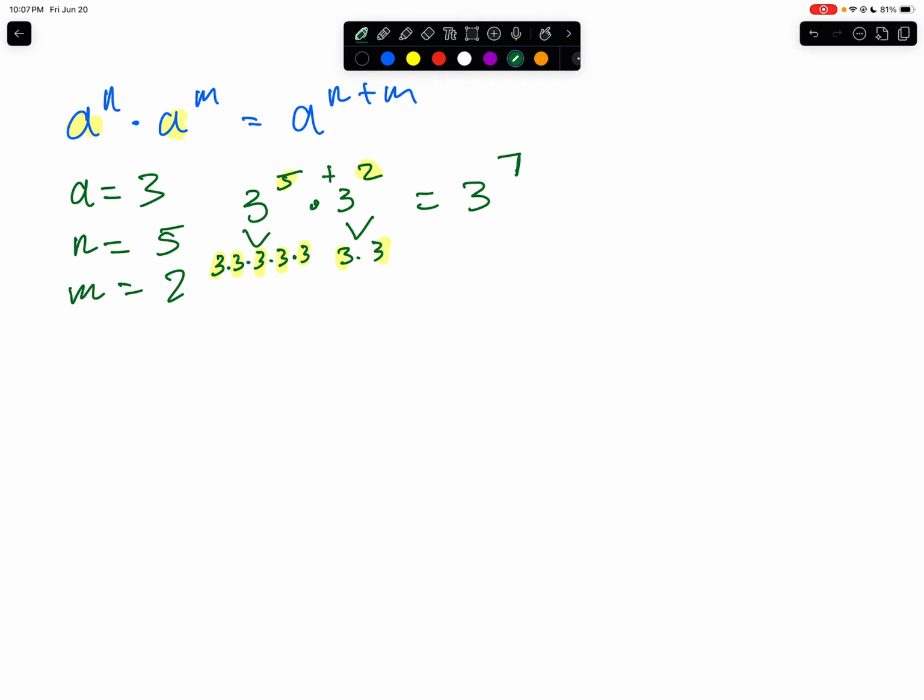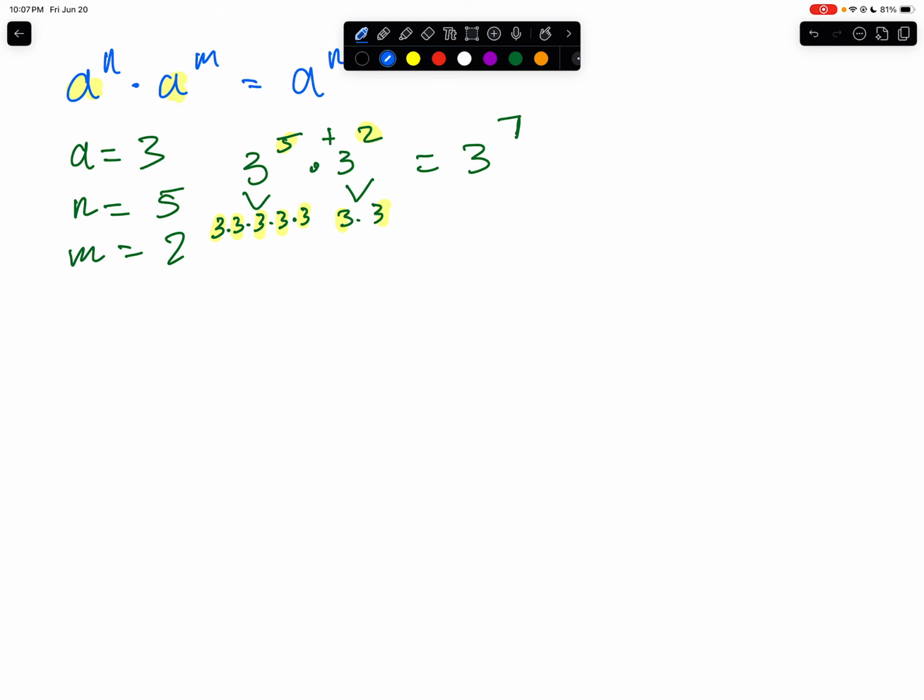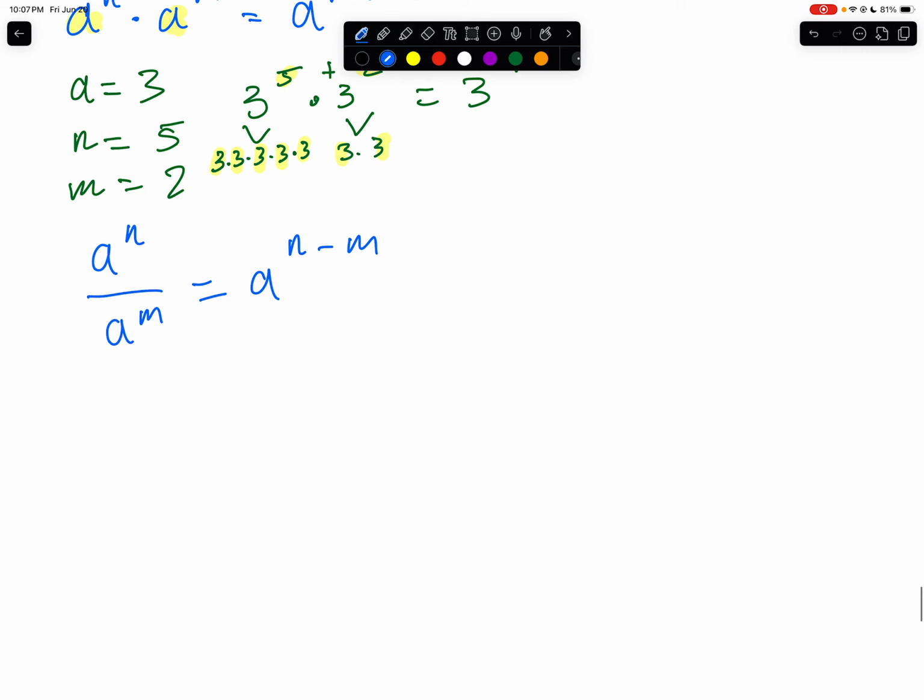All right, what about this one? A to the n over a to the m equals a to the n minus m. Okay, let's use the same a, n, and m for this. So we'll have 3 to the 5th over 3 squared, right?